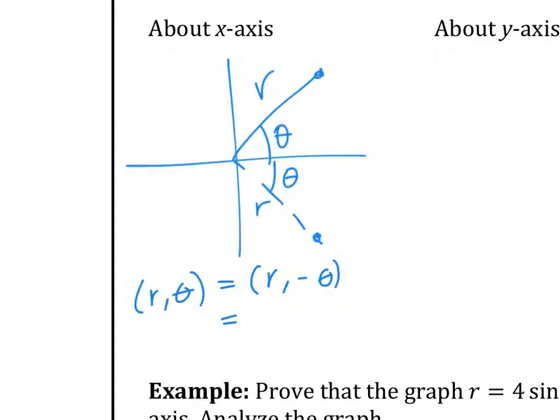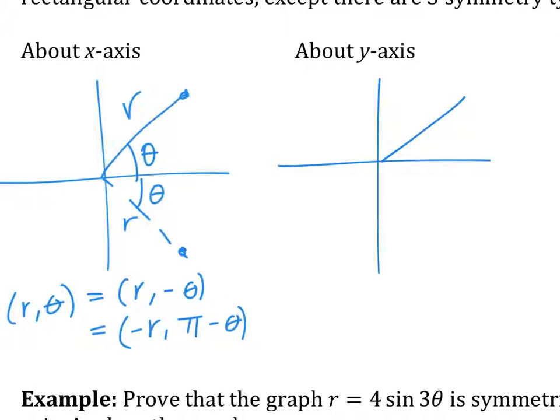If I'm at negative r, 180 plus 180 is going to be here. Minus theta. Yeah. Good. If you start at negative r, it's going to be 180, let's do pi, minus theta. Okay, so that's across the x-axis.